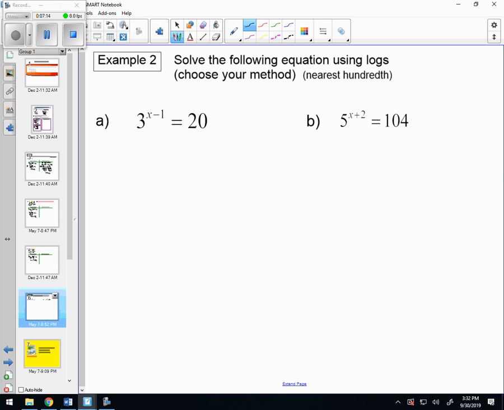All right, example 2, fairly similar, but now we have to add one more step in. So first, convert it to logarithms. We have log base 3 of 20 equals x minus 1. Then from there, you're going to actually figure out what log base 3 of 20 is by taking log 20 and dividing it by log 3 on your calculator.